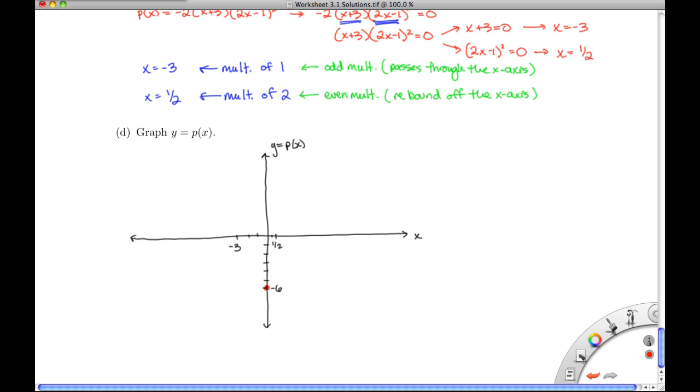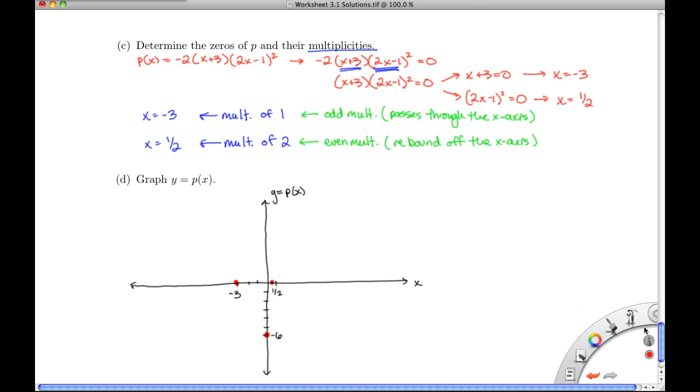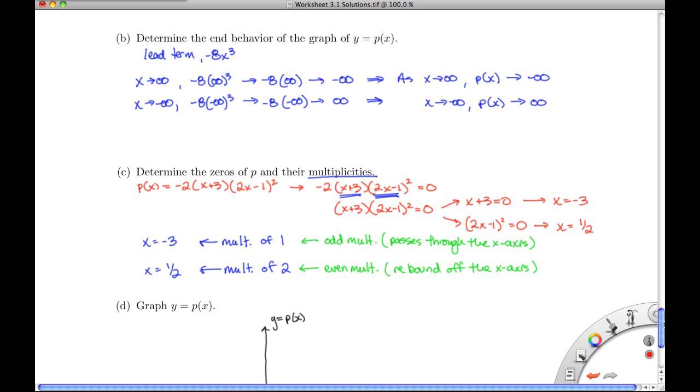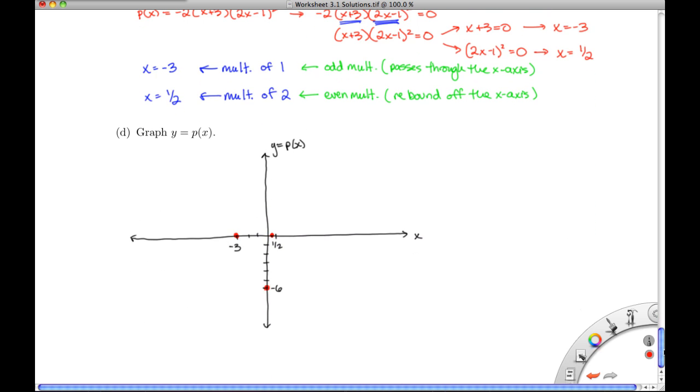So we start plotting these points. Here's our y-intercept. Here's an x-intercept. Here's another x-intercept. End behavior tells us that if we're starting over here on the negative side of the x-axis, as x approaches negative infinity, p of x is going up to positive infinity. So our curve is going to be coming down from positive infinity here.